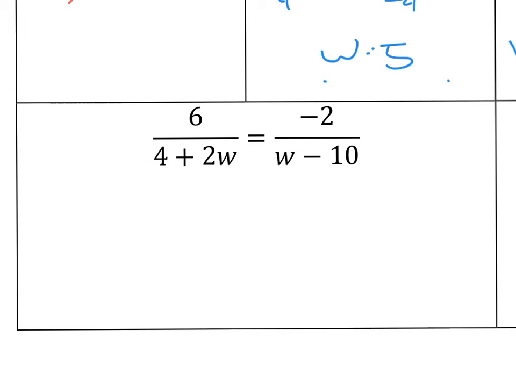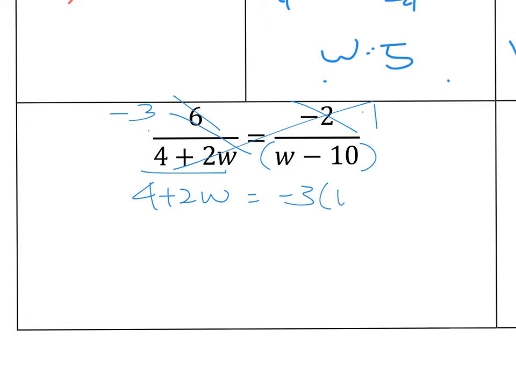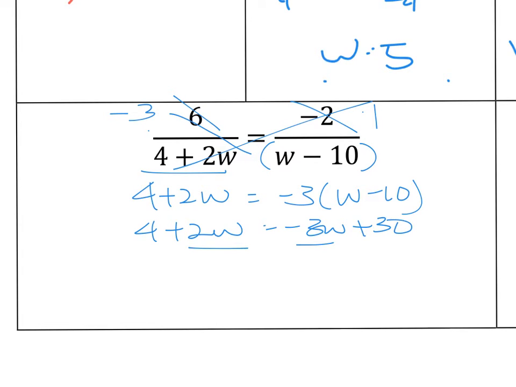Okay, let's look at this one. Negative 2. Let's give me negative 3 here. And I can cross multiply. 4 plus 2w times 1, negative 3 times w minus 10. We distribute the negative 3, and then I'm going to put the like terms together.